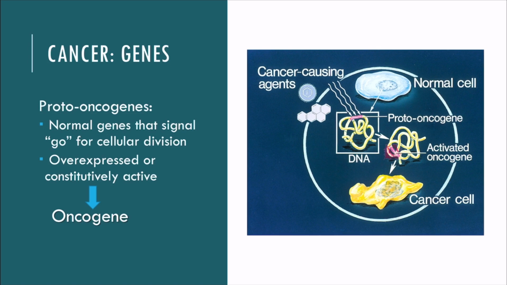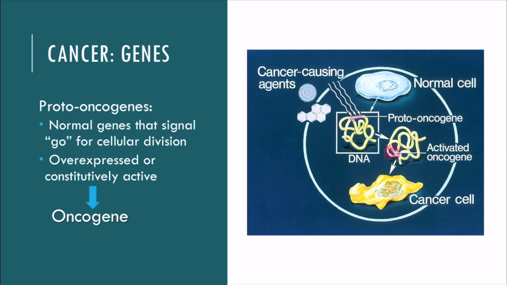So there are a host of carcinogens that can cause a proto-oncogene to mutate into an oncogene. Once the oncogene is there, meaning it's either an overexpressed or constitutively active proto-oncogene, it will force the cell to grow and divide, even in the absence of normal cellular cues.